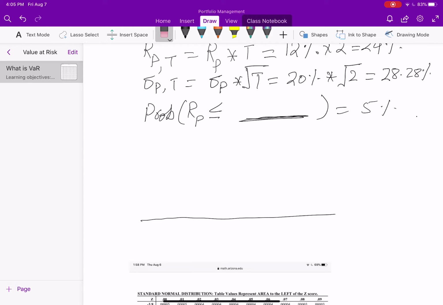So the mean is somewhere over here. The mean is 24%, which we have just calculated by converting the annual average return into the average 2-year return.